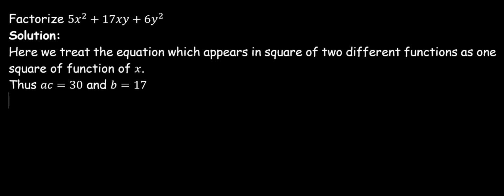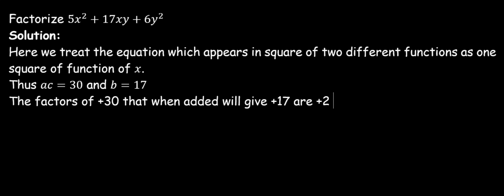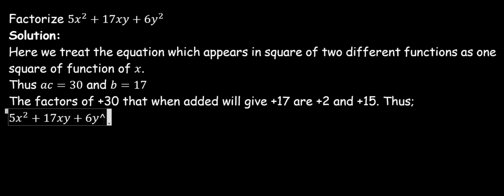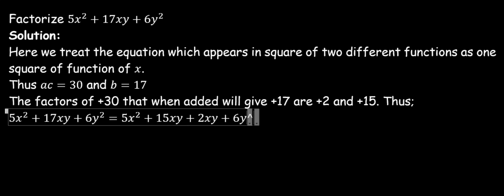AC here, I hope you know how we got that: 6 times 5, which is 30. The factors of plus 30 that when added will give us plus 17 are plus 2 and plus 15. Thus, our given expression can be written as 5x squared plus 17xy plus 6y squared, which will be equal to 5x squared plus 15xy plus 2xy.